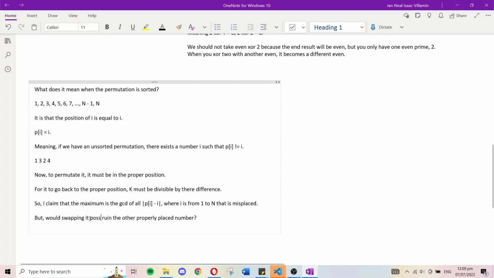It's possible that this can happen, right? While you're swapping, say this, you swap this, but this becomes misplaced. You swap it another time, this becomes misplaced, right? You get what I mean? So how does that happen?